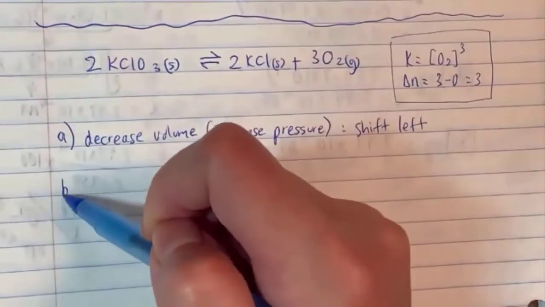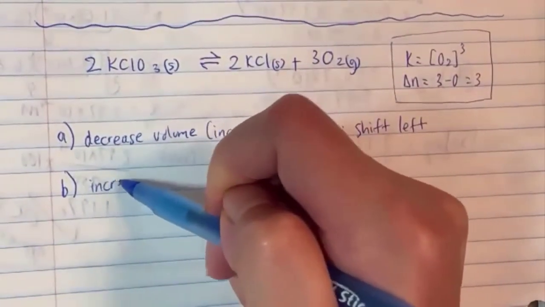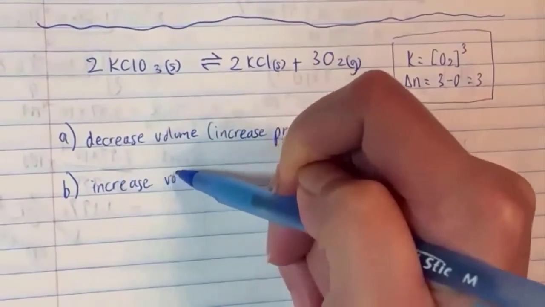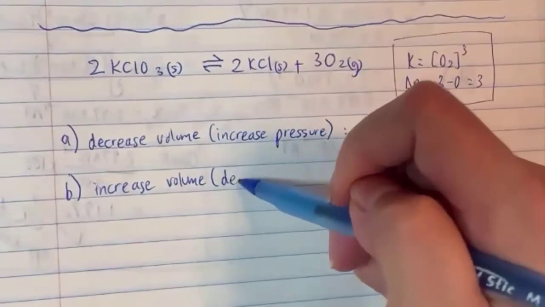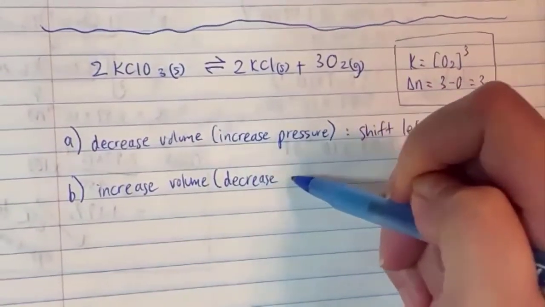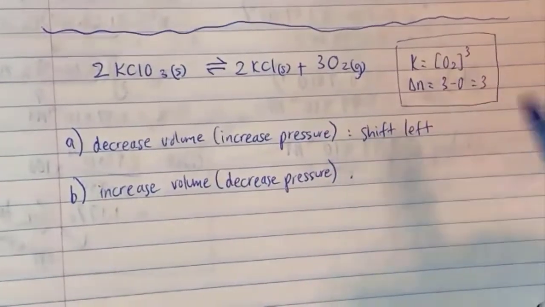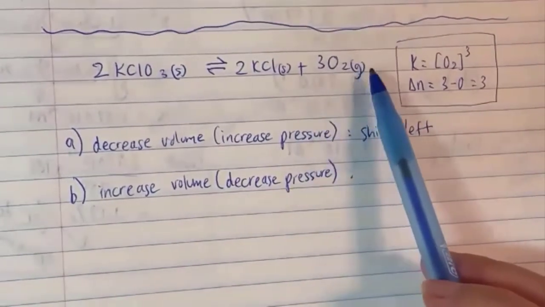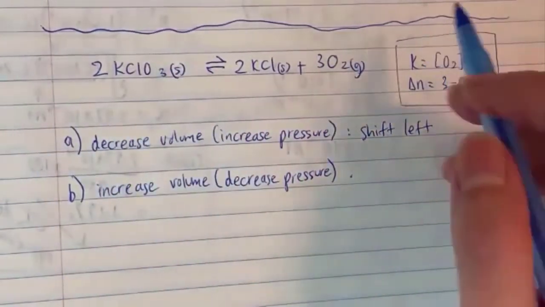Now, let's take a look at another scenario. What if we did the opposite? If we increase the volume, we're decreasing the pressure. So it will shift to the side that has more moles of gas, in this case, to the right, because this is 3 moles of gas, 0 moles of gas over here.